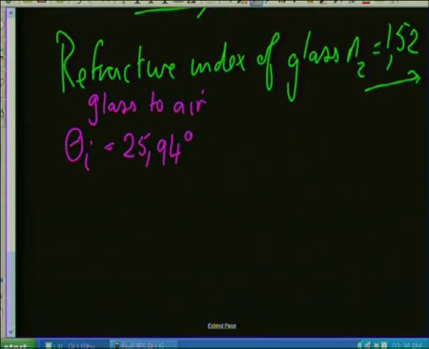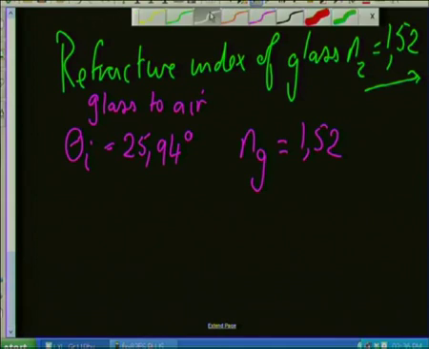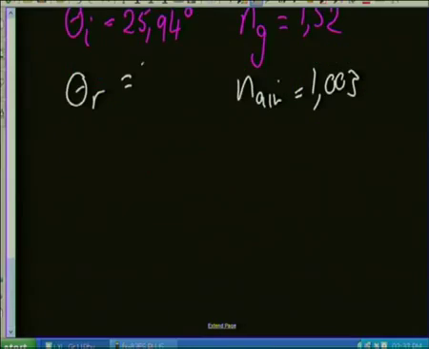We know that the refractive index of glass in the window is 1,52. We know that the refractive index of air in this particular case was given as 1,003, and we want to find the angle of refraction.